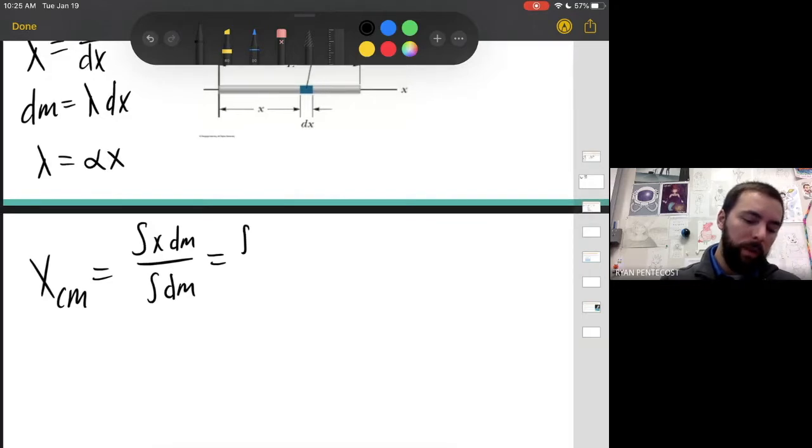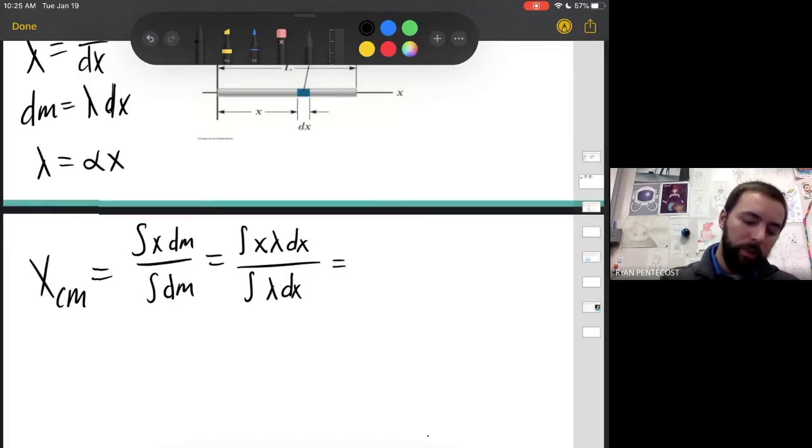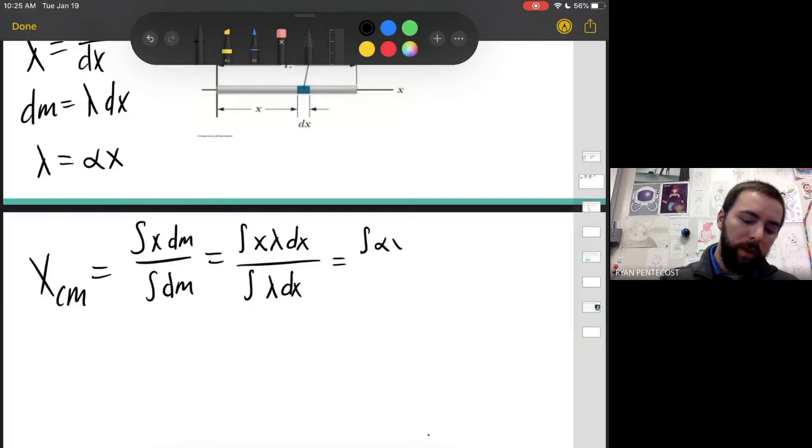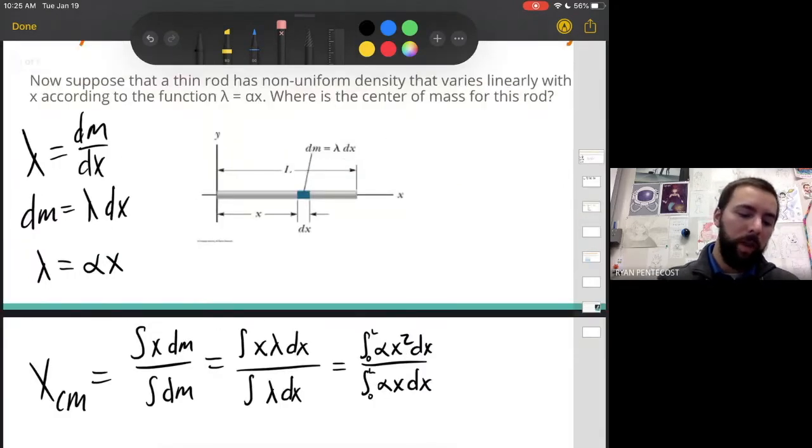So we've got the integral of x lambda dx over the integral of lambda dx, right? But now lambda is a function, so now we will have the integral of alpha x squared dx divided by the integral of alpha x dx. Now, these are also all from 0 to L, right? We're integrating across the entire length of the rod, length being given as L right here.